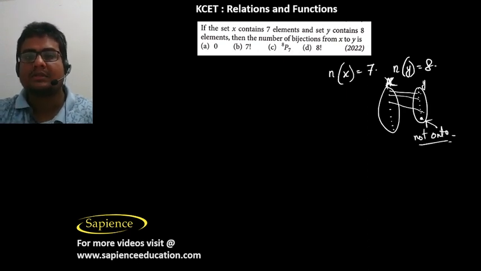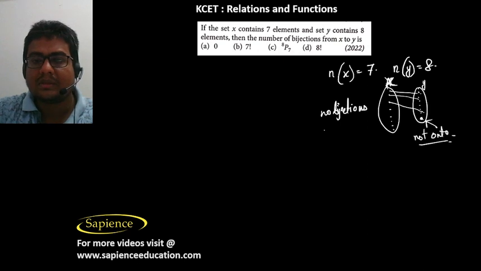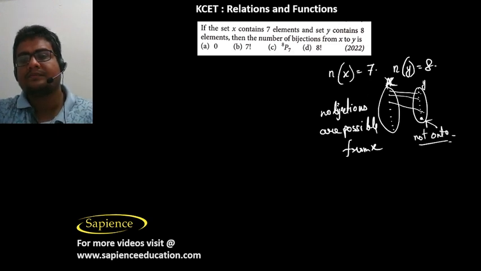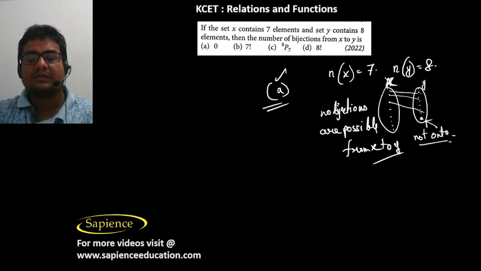It can be 1-1, but it can never be onto. So no bijections can be made. No bijections are possible from the set X to Y. So option A is the correct answer, which is 0.